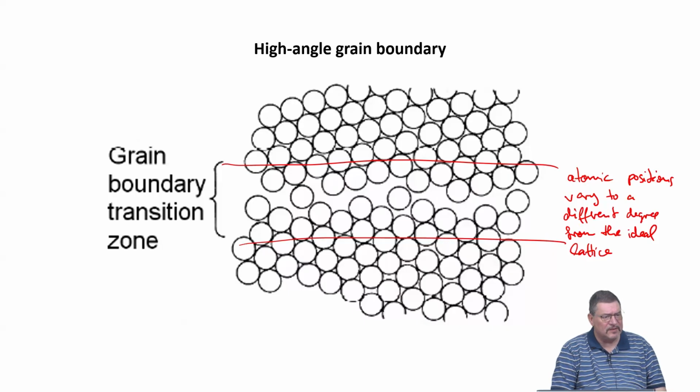If you now look at this structure, what do you think? Do you feel comfortable in accepting this as a model for a high-angle boundary? No. Why not? It's literally an artist's view.